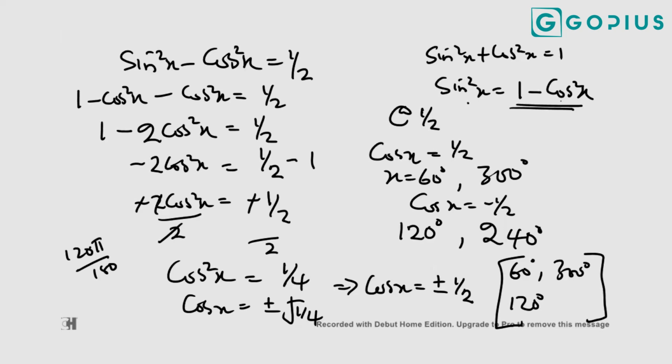So 0 cancels 0 here. 6 into 12 is 2, and 6 into 18 is 3. So that means 2 pi over 3. That's the value for 120 degrees in pi form. And finally, the solution also is 240 degrees. So that trig equation has 60 degrees, 300 degrees, 120 degrees, and 240 degrees as the solutions for all the 4 quadrants.